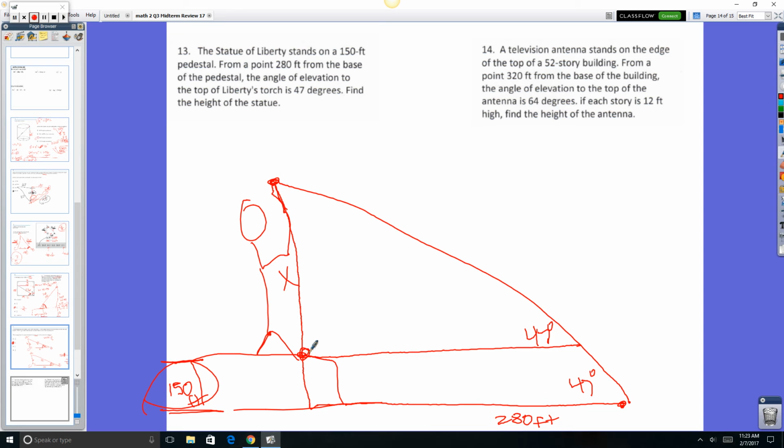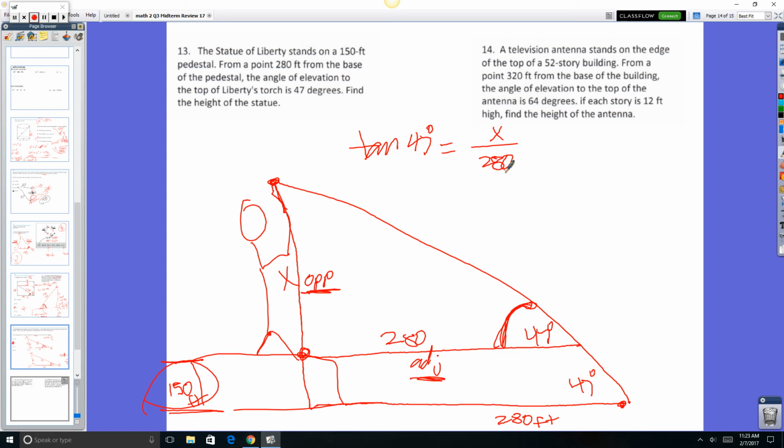So if I go from right here, this is still 280. From this angle, the x is going to be the opposite side, and the 280 is going to be the adjacent side. The trig that uses opposite and adjacent together is going to be tangent. So the tangent of the 47 degree angle is x over 280.